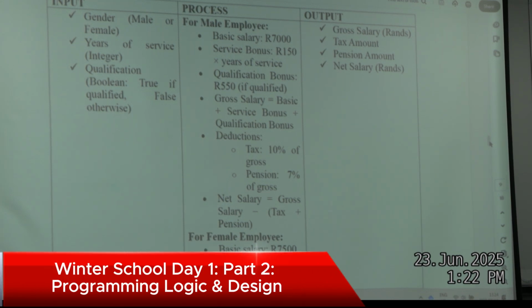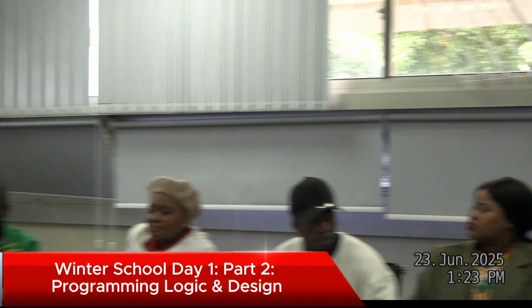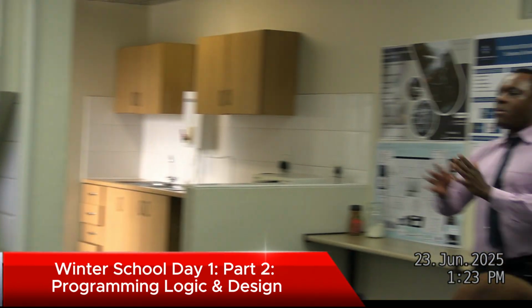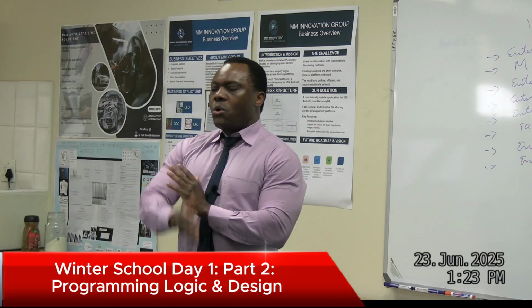I did this on purpose so you can understand the difference between inputs and processes. Do you get that? Anything related to input must be input. Processes, these are the calculations, formulations, whatever you want to do, if conditions and so on. You cannot put input values there.